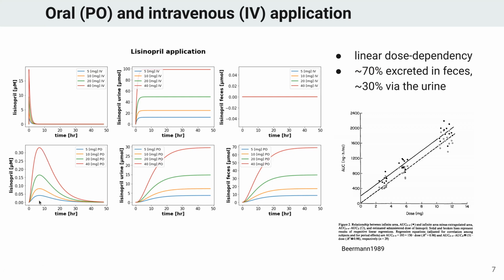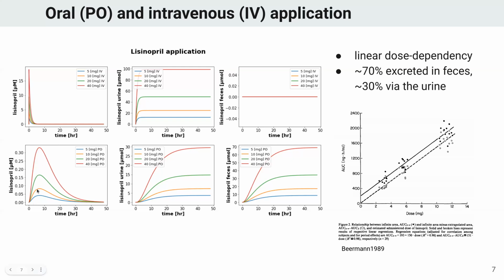Also, we see a pretty good linear dependency of the area under the curve on the dose. And this is also in good agreement with data which we see, for instance, here from Behrman, 1989, where we see that if we increase the dose of lisinopril, we expect the area under the curve to increase linearly, and that's what we see here. We don't see really saturation effects, but if we double the dose, the area almost doubles.